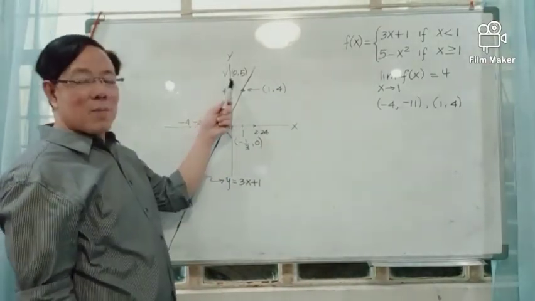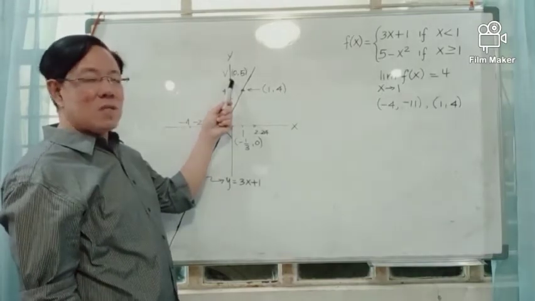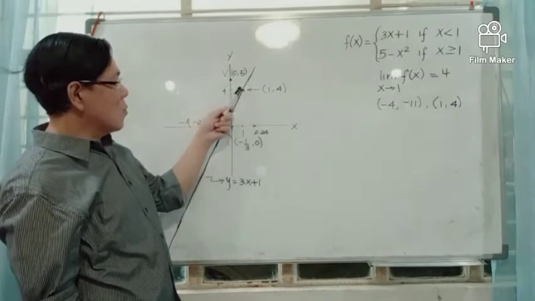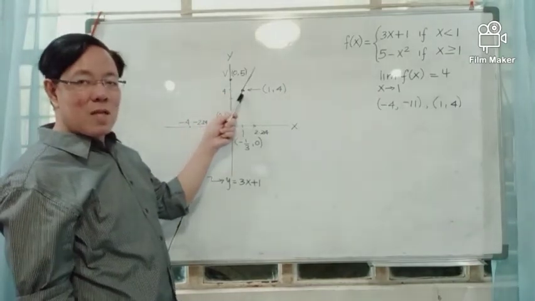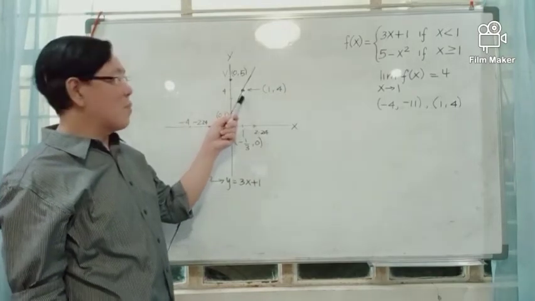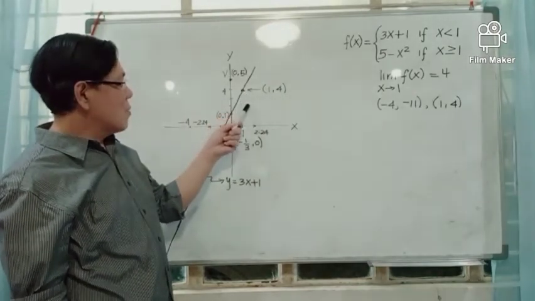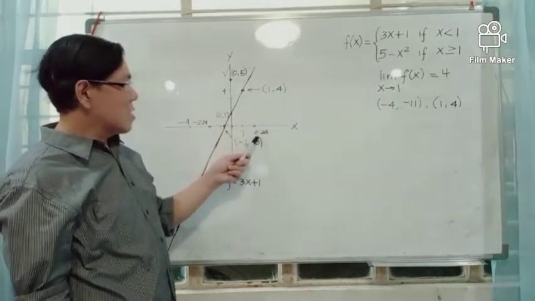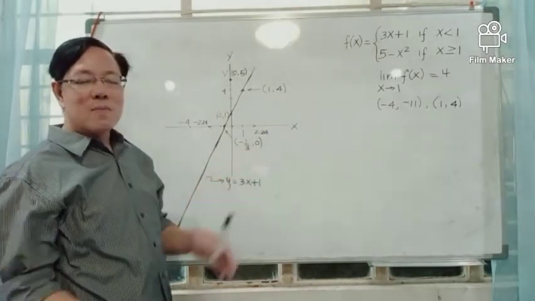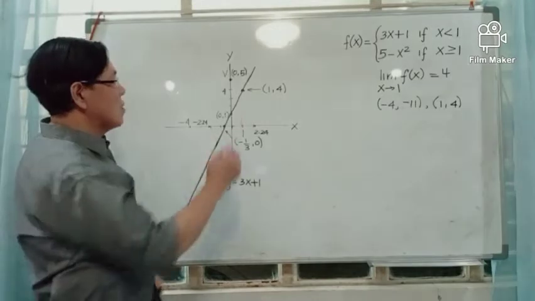When you draw the parabola that opens downward from the vertex, the parabola will go downward. It will pass through this point on the line because this is the point of intersection of the line and the parabola. And from this point, the parabola will continue to go downward. It will pass through the x-axis at positive 2.24. We draw that part of the parabola.